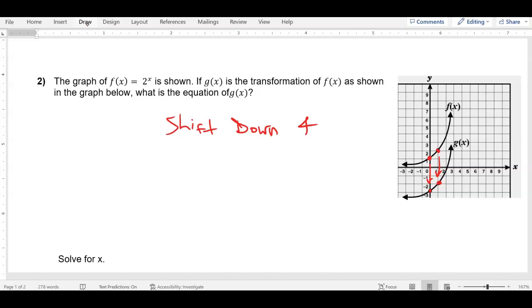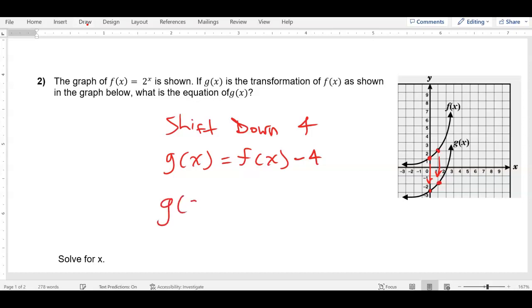So if the shift is down 4, then I know g of x is going to be f of x minus 4. It's not on the inside of the parentheses because it's not horizontal, it's vertical, so it's out here.